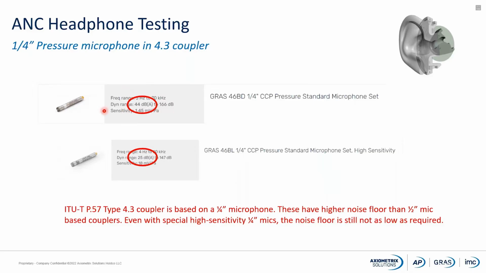If we're talking about 25 dBA typical noise in 1/2-inch microphones, the typical noise floor for quarter-inch microphones is around 44 dBA. We do have special high sensitivity quarter-inch microphones, but even in these cases, the noise floor is not going to be better than a 1/2-inch microphone and preamplifier. So this is something we need to consider.